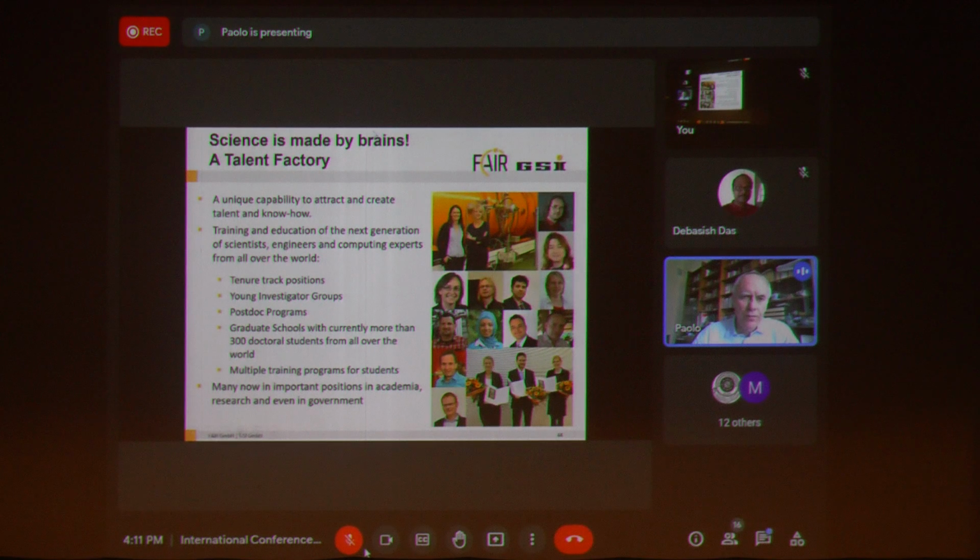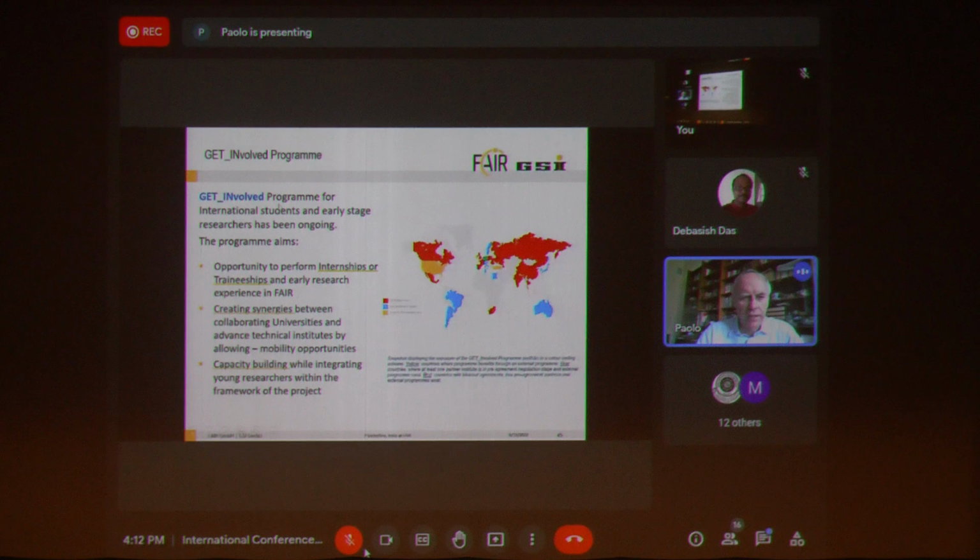But as I said before, science is built by brains. And I think that we have to remember our laboratories have the unique capability to create talent. They are talent factories. And that is not because we give the talent to people, but we give them the opportunity to blossom and develop. And there we have very many programs. We have more than 300 PhD students. We have very many programs to exchange with countries.